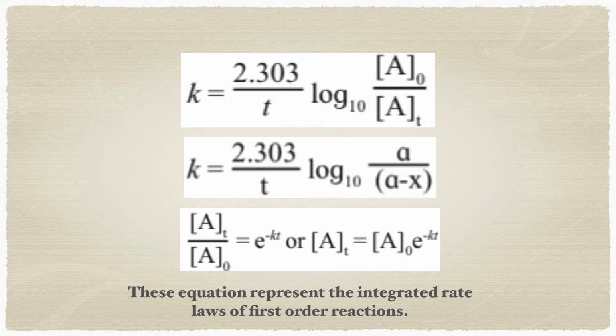So these equations represent the integrated rate laws of first order reaction. And one more thing, very important: whenever you write down this equation, you must write log to the base 10. If you simply write the equation as log [A]₀ upon [A]ₜ, you won't get marks. So please mention log to the base 10.